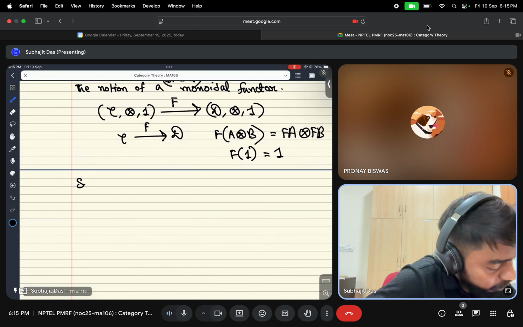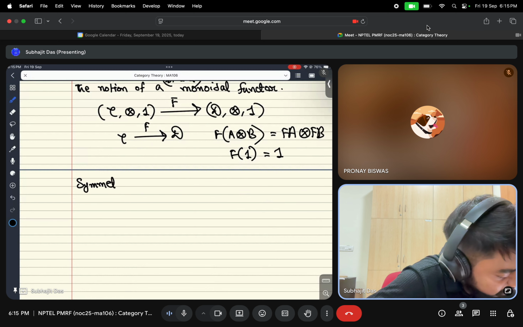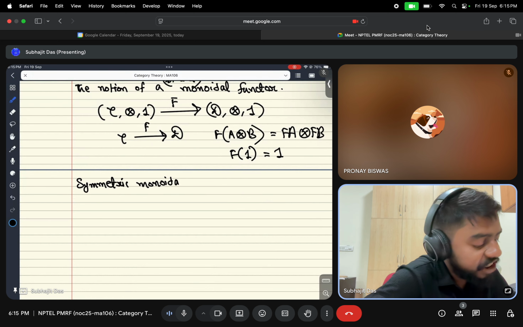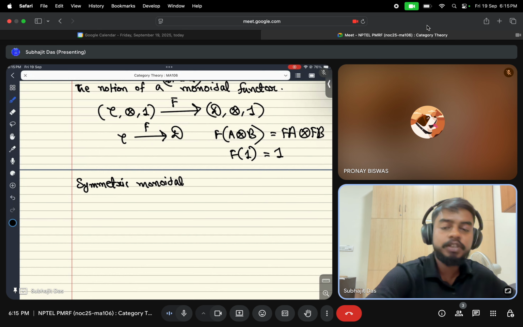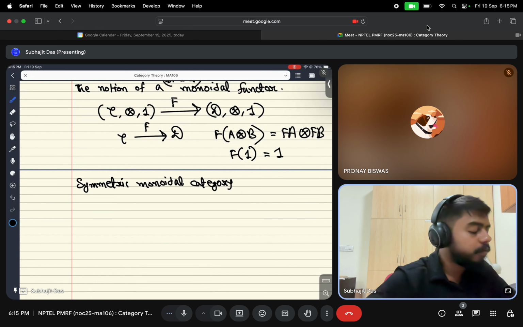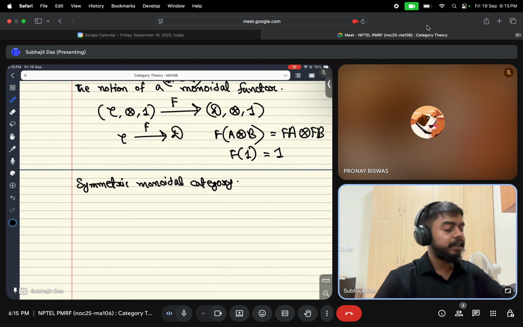Then you saw the notion of a symmetric monoidal category, which is a monoidal category equipped with an additional structure. So what is that?